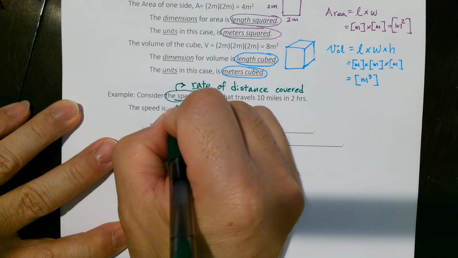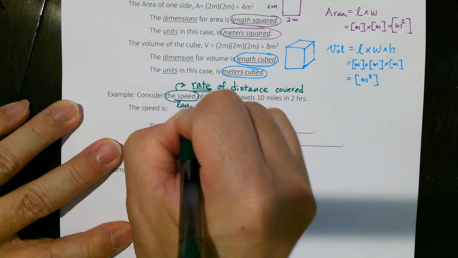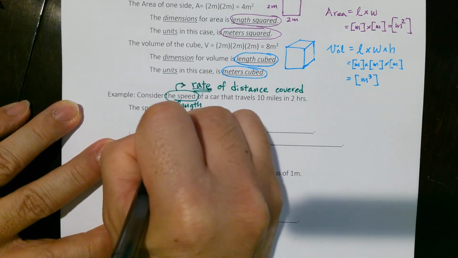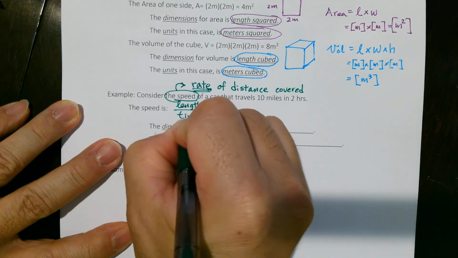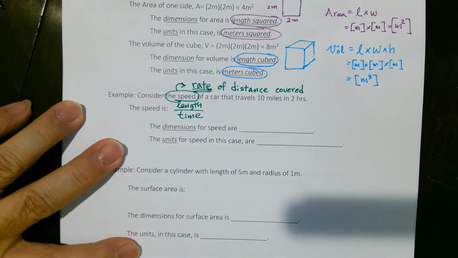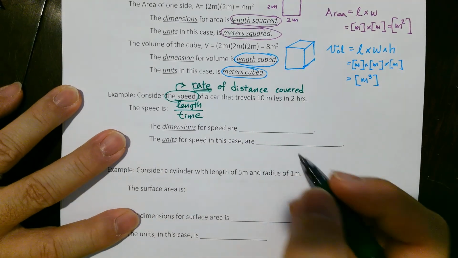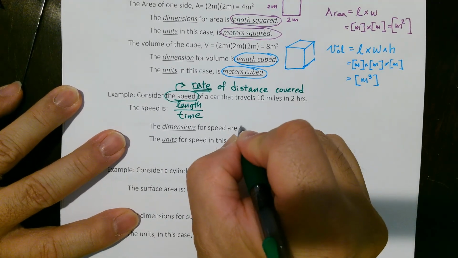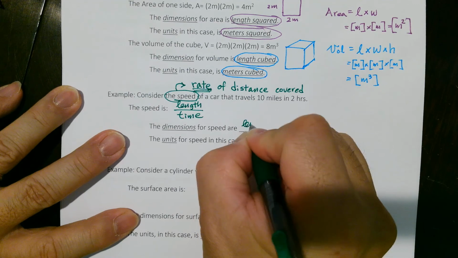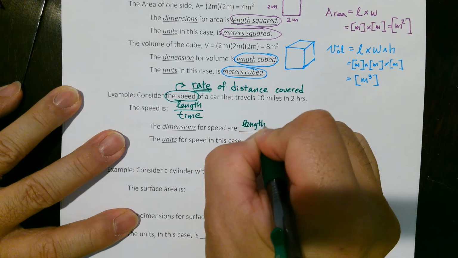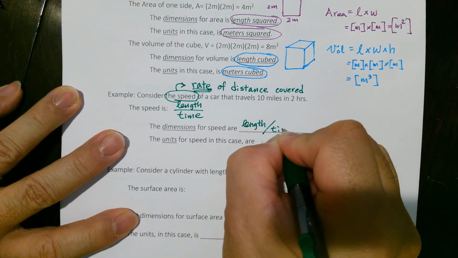It is length divided by time. So that is pretty much the dimension of our speed, right? Length divided by time.